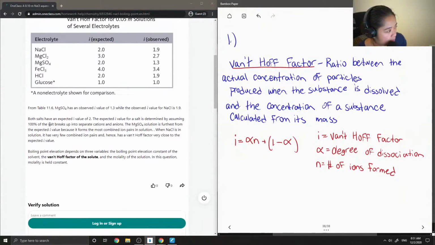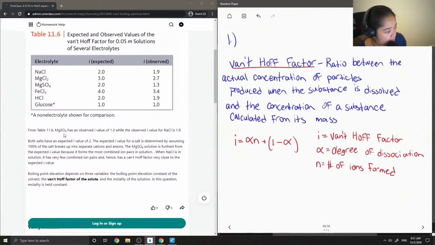So they said from table 11.6, magnesium sulfate has an observed Van't Hoff factor value of 1.3, while the observed value for sodium chloride is 1.9. Both salts have an expected value of 2.